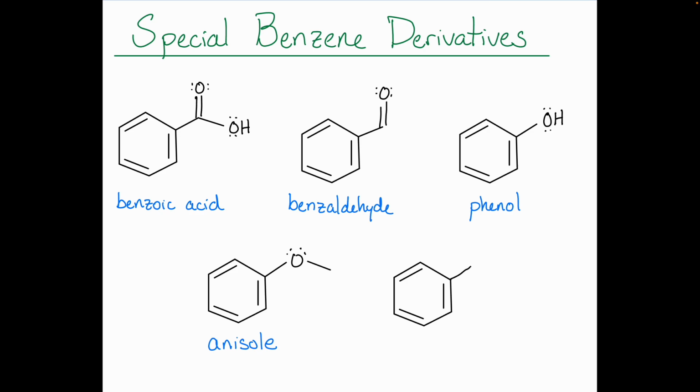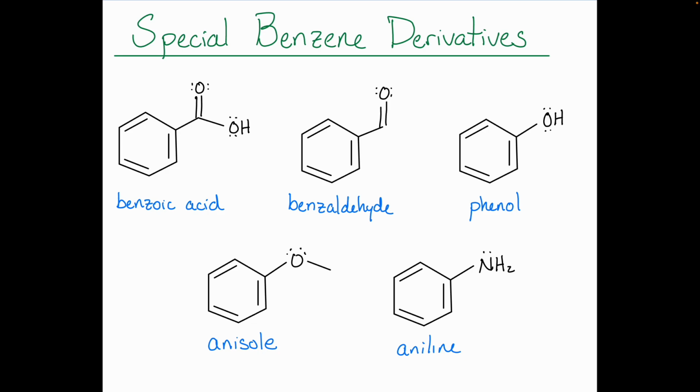Or if there was an amine group, this is aniline. All right, so I'm going to give you a minute to copy these down. These are these 5 special benzene derivatives.